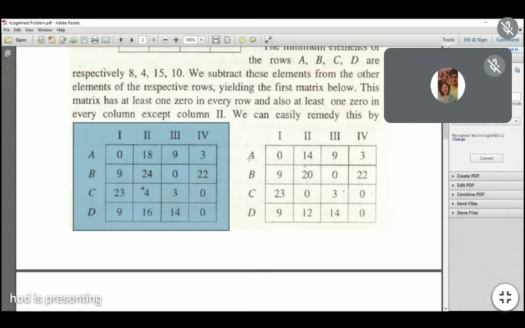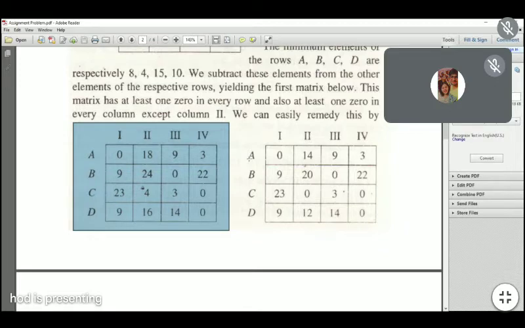रो के लिए किया है सेम प्रोसेस, मतलब find the minimum value in each column और उसको बाकी सारे values से subtract करो. So here first column of the highlighted matrix on your screen, the first column is 0, 9, 23, 9. Minimum element is obviously 0. तो उसको subtract करो या ना करो, it's going to give you the same value.